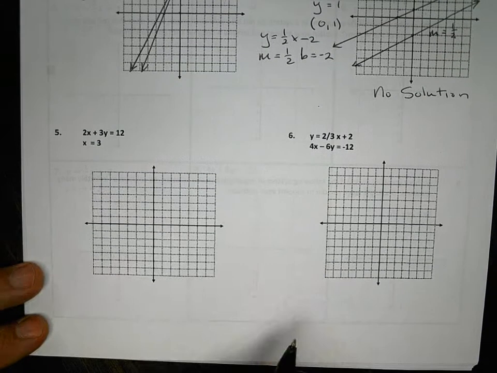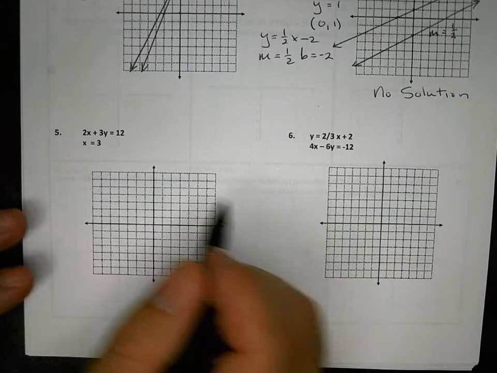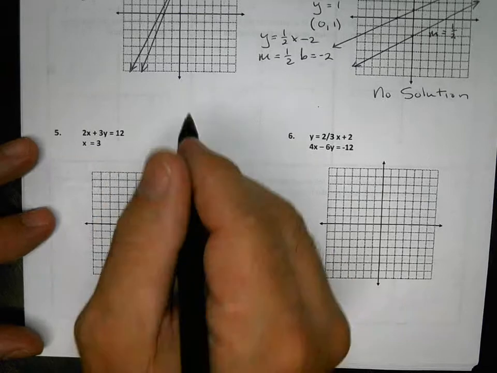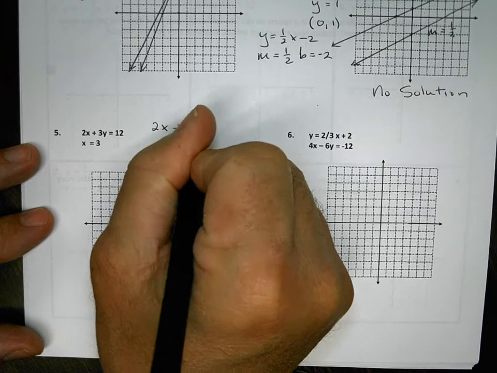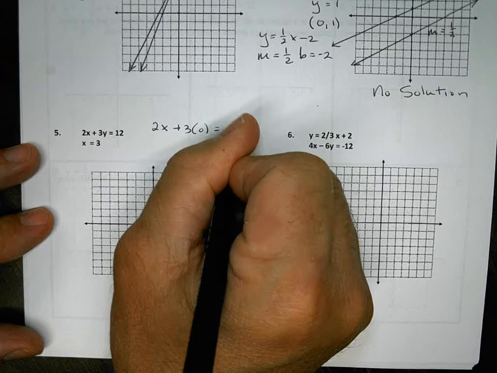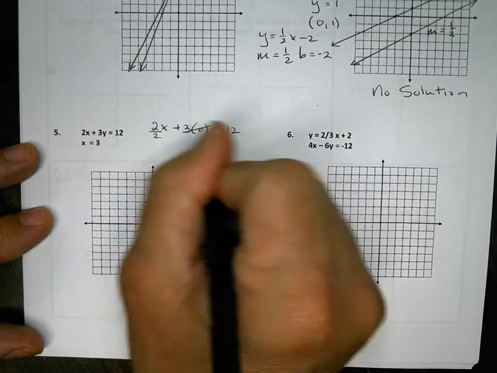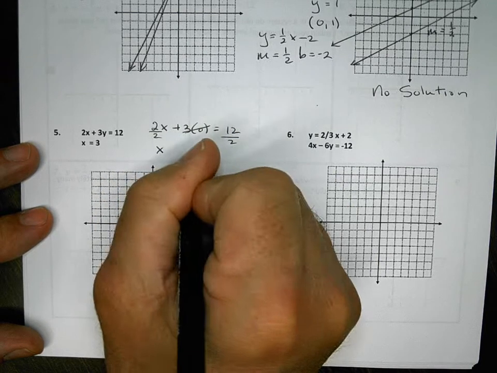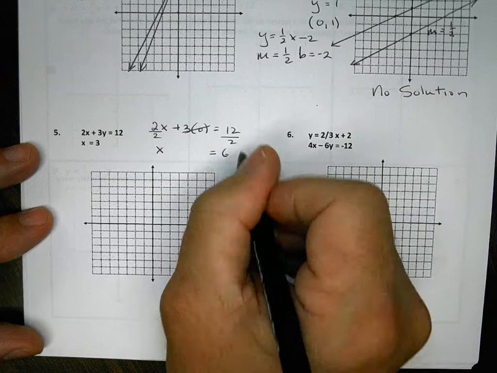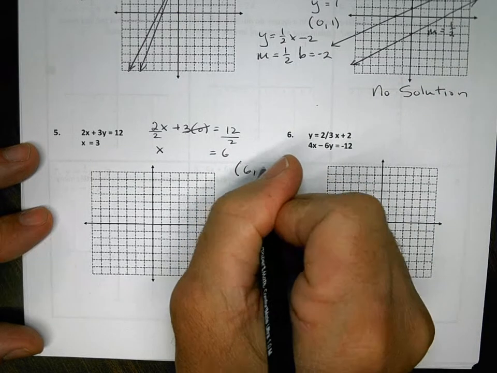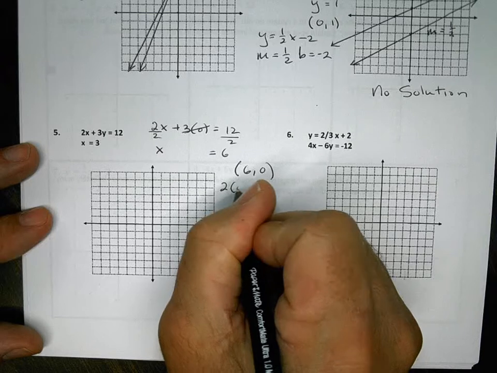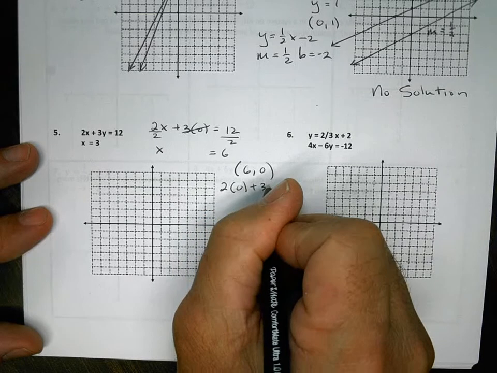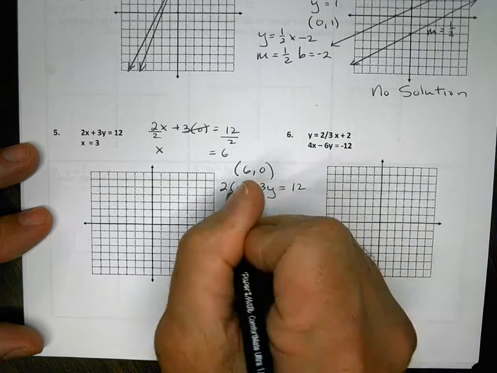Moving on to number 5 and 6. All right, I think I'll graph this one by finding the intercepts. So 2x plus 3 times 0 equals 12. Divide both sides by 2, and I get x equals 6. So I have an x-intercept of 6, 0. I'll plug that in a second time, and 2 times 0 plus 3y equals 12.